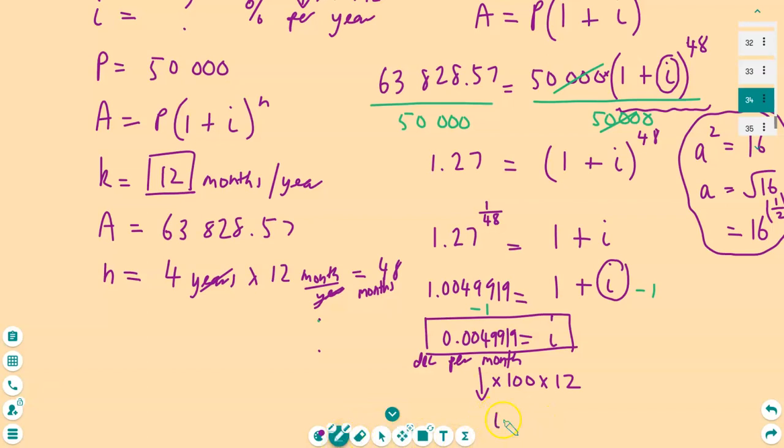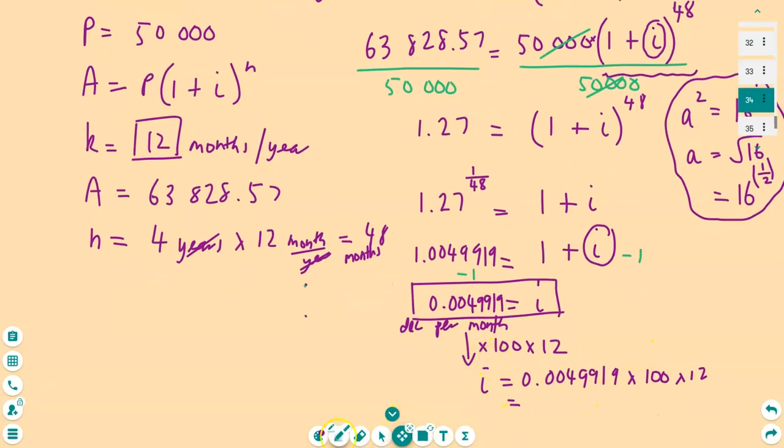That's all it's saying. So I'll just write it out here and into our calculator we go. 0.0049919 times 100 times 12 is 5.99% per year.